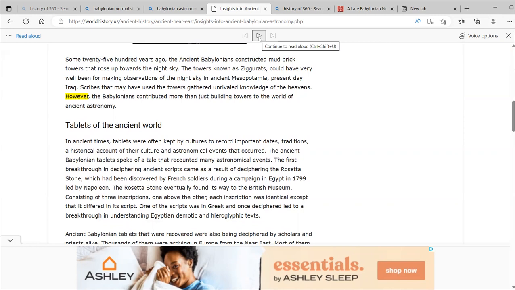Is this the Tower of Babel? Question for the audience. Is this the Tower of Babel? Just want to notate that. I'm going to let you guys continue reading and continue listening.